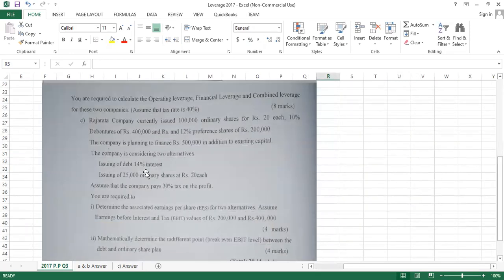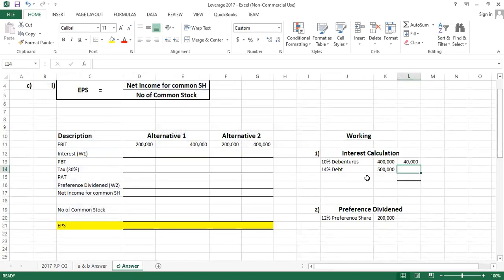Also in alternative one, as I already said, issuing of debt at 14% interest is the debt capital. So we can calculate the interest for the alternative one 500,000 also. Let's see how to calculate the 500,000 interest. 14% debt for 500,000 equal 500,000 multiplied by 14%.